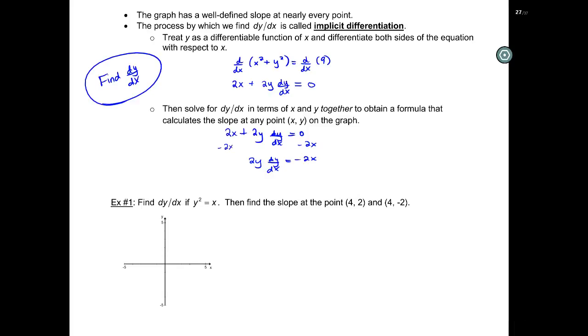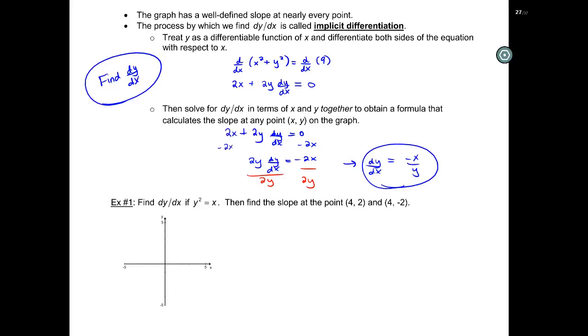And then I want to just divide both sides by 2y. So I get dy/dx equals negative x over y. So that means if I know the coordinates for x and y, I can find the slope. Okay?